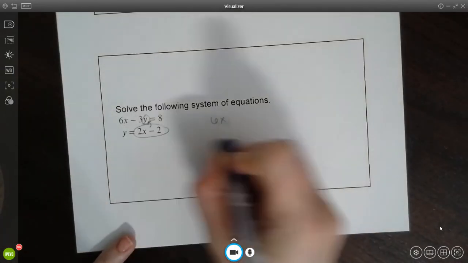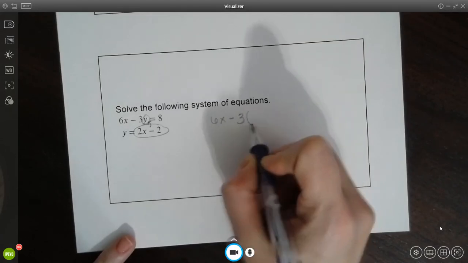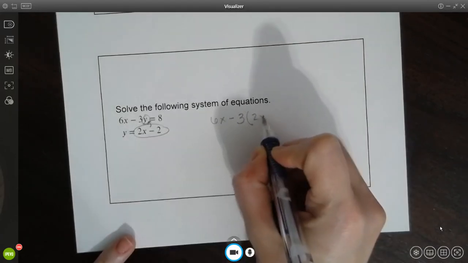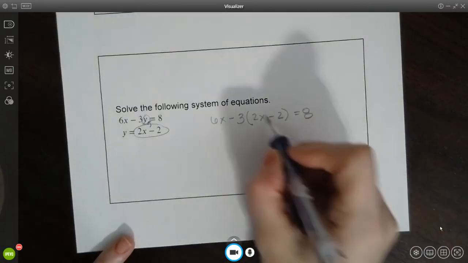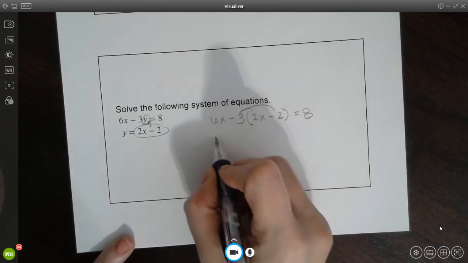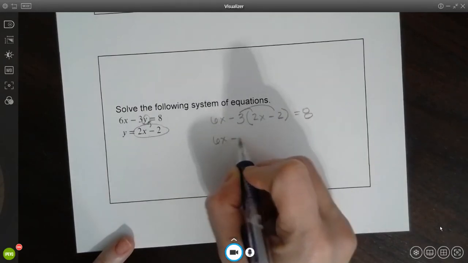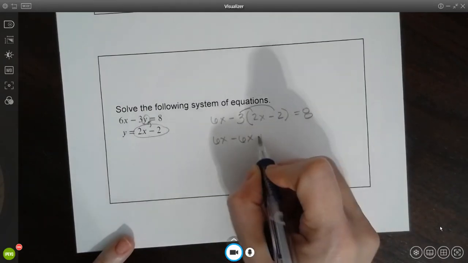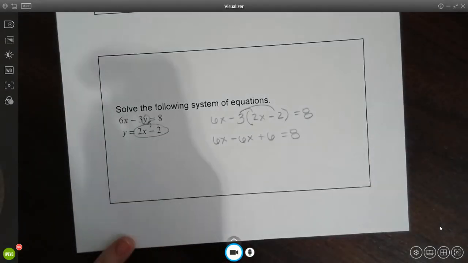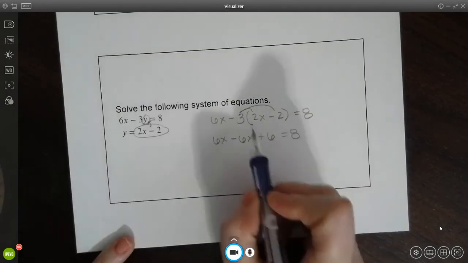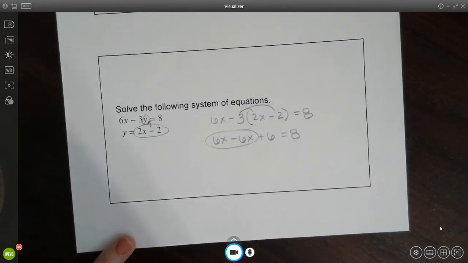So I have 6x minus 3 times this whole thing, 2x minus 2, and that's equal to 8. Going to distribute this negative 3, so I have 6x minus 6x plus 6 equals 8. Now you should be feeling a little uncomfortable right now because that's going to turn out to be 0. And I'm going to end with a statement that says 6 equals 8.